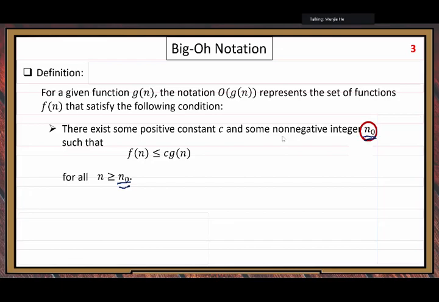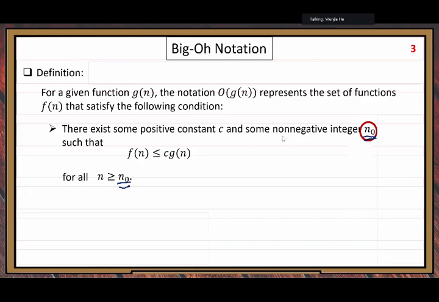Sometimes, in calculus, people wonder why we need to mention this n0. It is useful, we need it.